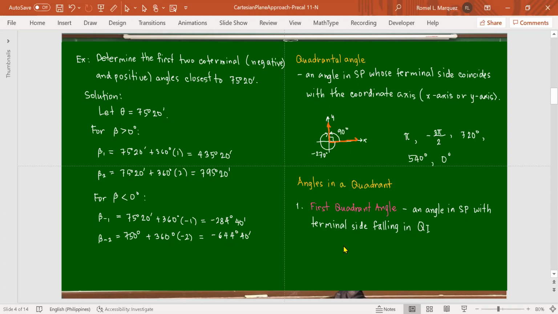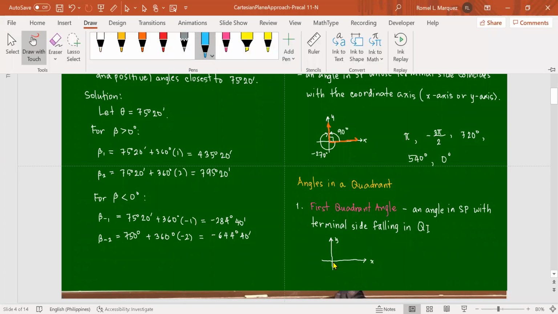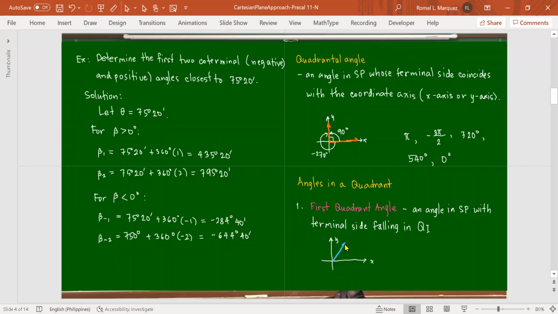So what are the examples of this? 30 degrees? 45. Pi over 4, yes. So, like this angle. So that is an example of a first quadrant angle.